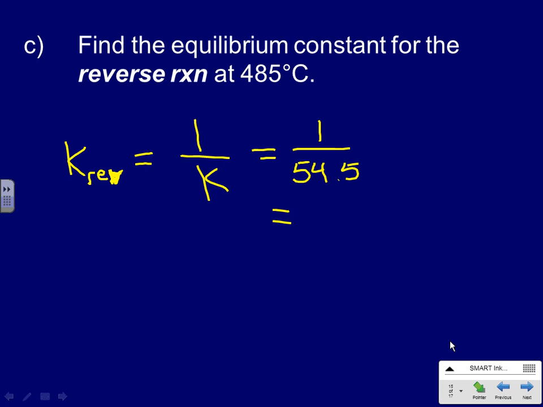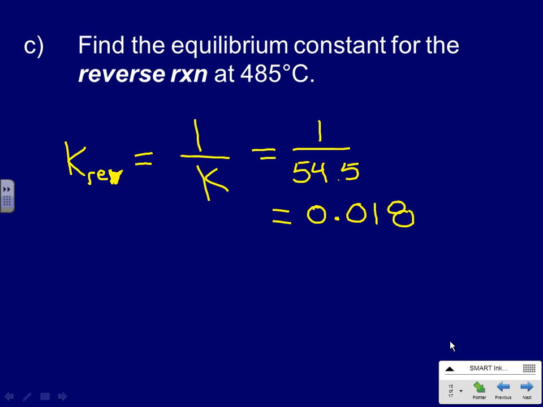So if you're given a K value for a question later on and you need the reverse for some reason, you can always get that by taking the reciprocal of it. What do we have there for a number? Jess, what do you got? 0.018.